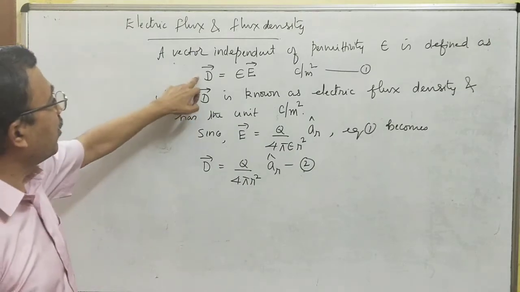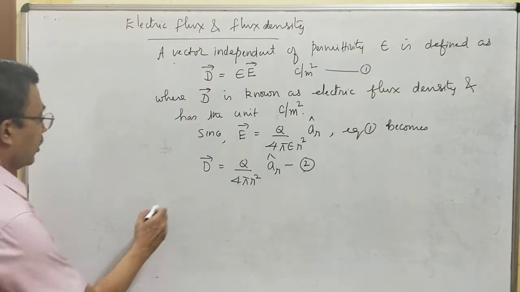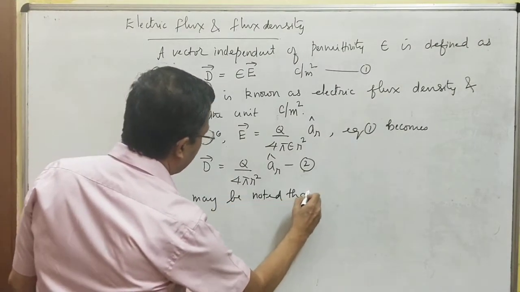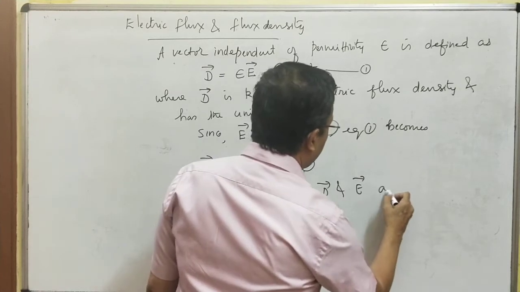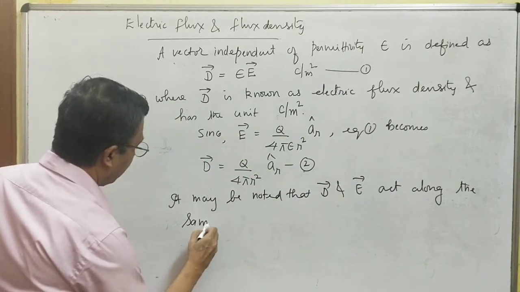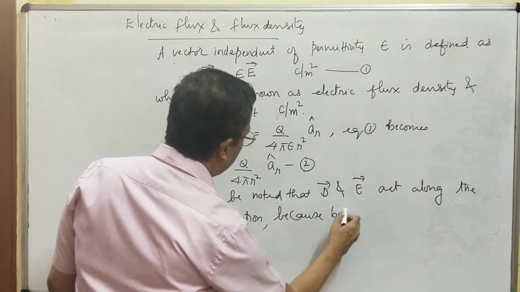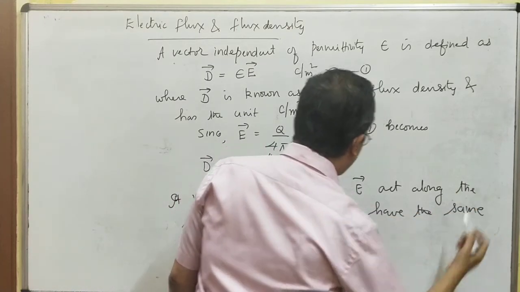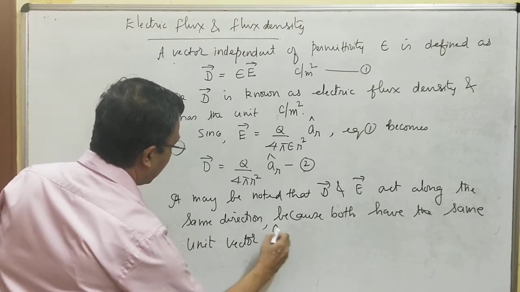Please note that vector D and vector E act along the same direction, because both have the same unit vector AR cap.